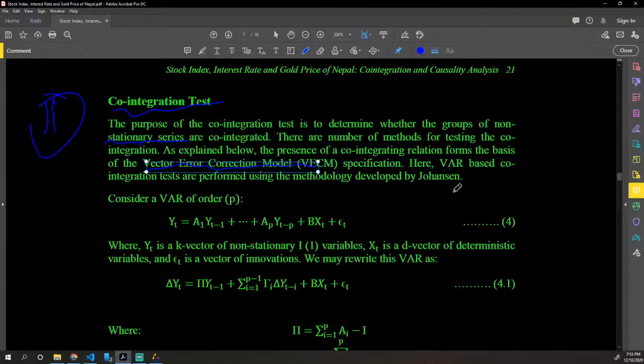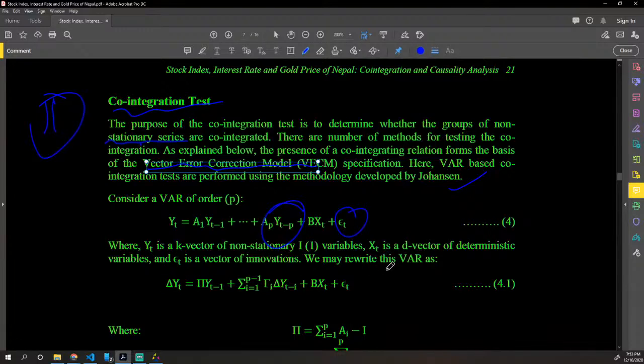Here the VAR based co-integration test is performed using methods developed by Johansen. Consider a VAR of order p, y_t equals A_1 y_{t-1} up to A_p y_{t-p} plus a deterministic term, where y_t is a k-vector of non-stationary I(1) variables, x_t is a vector of deterministic variables, and epsilon_t is the vector of innovations.